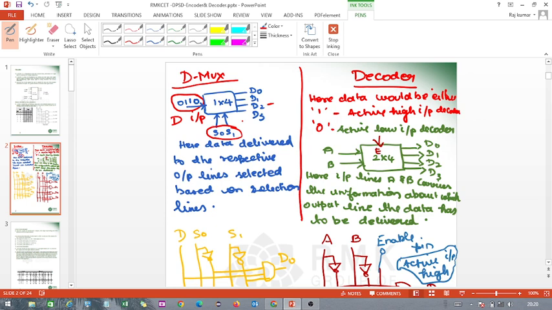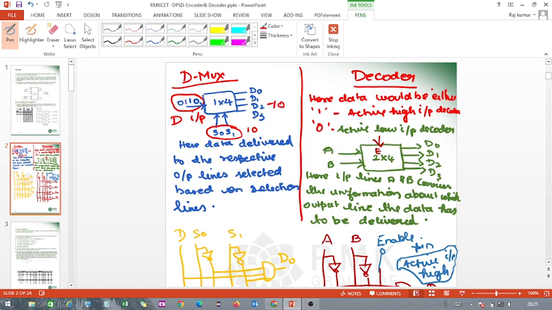Then the selection line status for that moment would be 1 0. And for the next bits as well, the selection remains the same, so 0 and 1 get transferred over here.